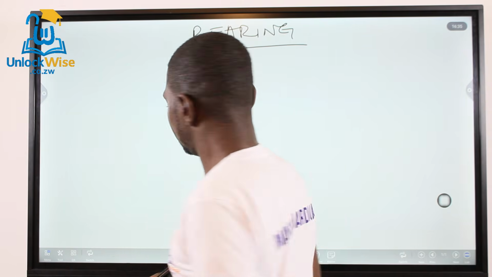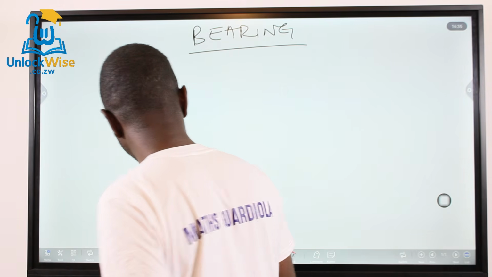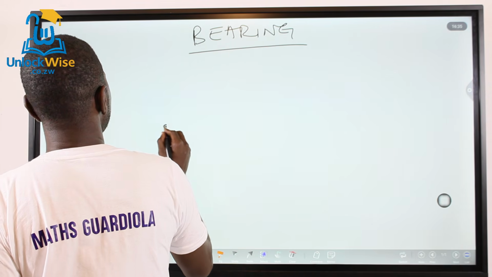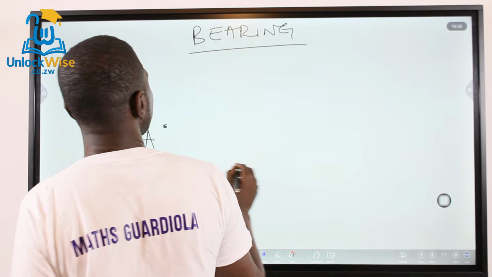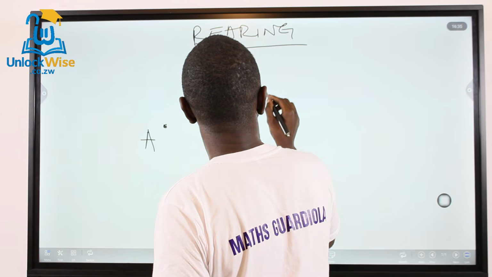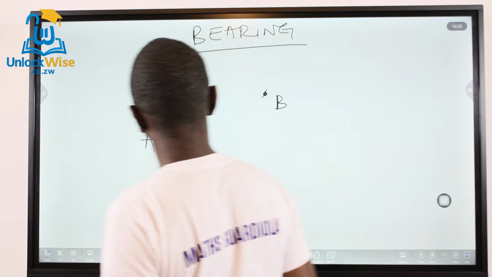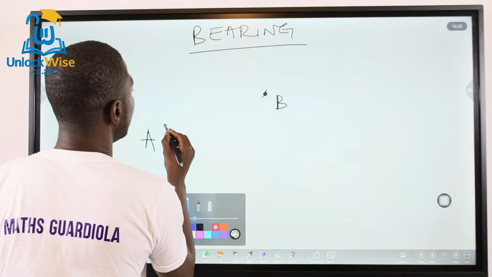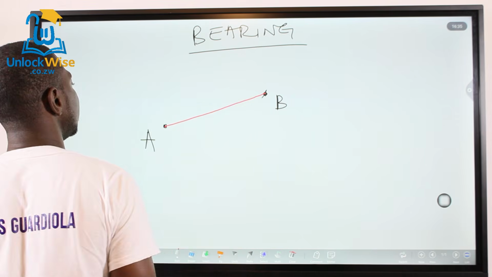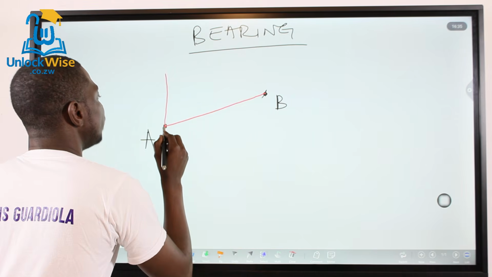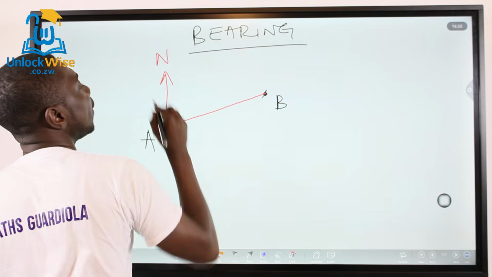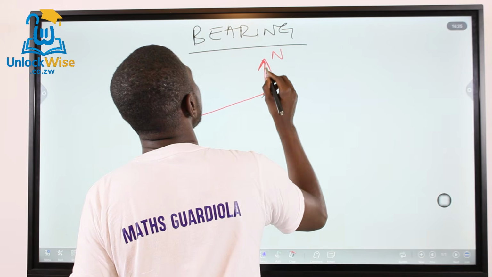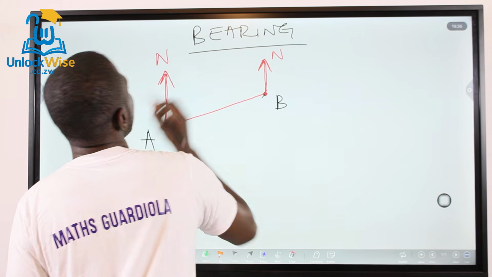Right. So the key thing I want you to take from this now is, let's say we have a point here, I will call this A, and we have a point here, I will call it B, right? And if we join these two points, we have to put a north here and a north here. Now, having done this, we have created parallel lines.